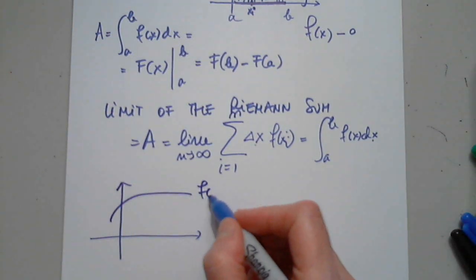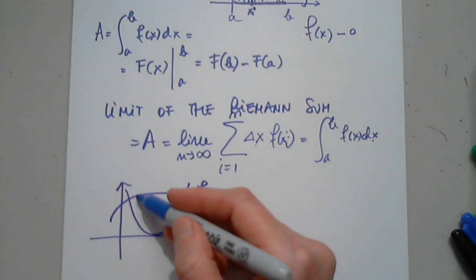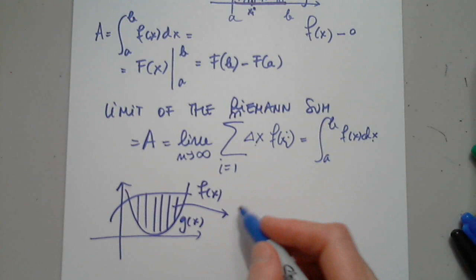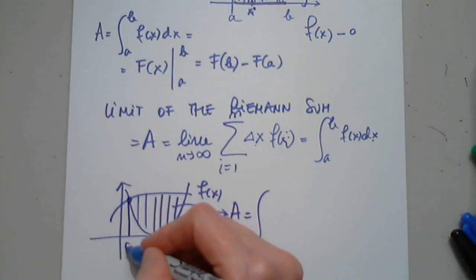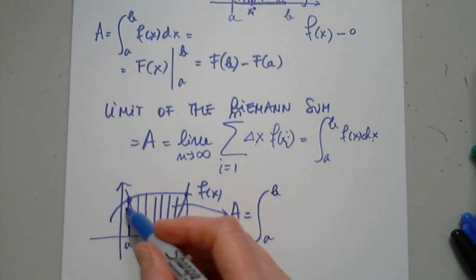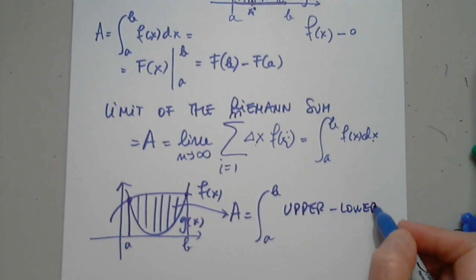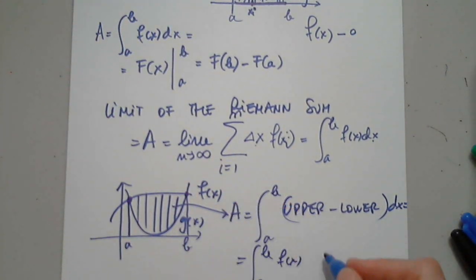Let's say this is f of x, and this is g of x, and we want to determine this area. How do I determine this area? It is the integral, between the points of intersection, from a to b, of upper minus lower dx. What is upper? f of x. What is lower? g of x, dx.